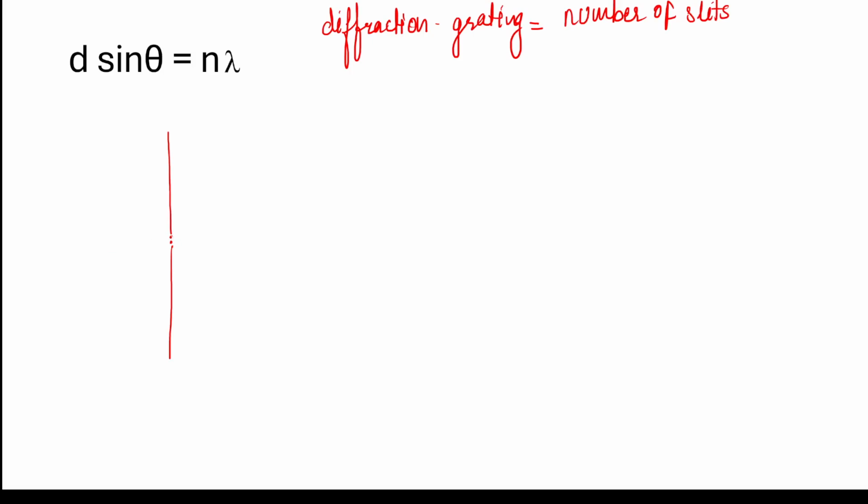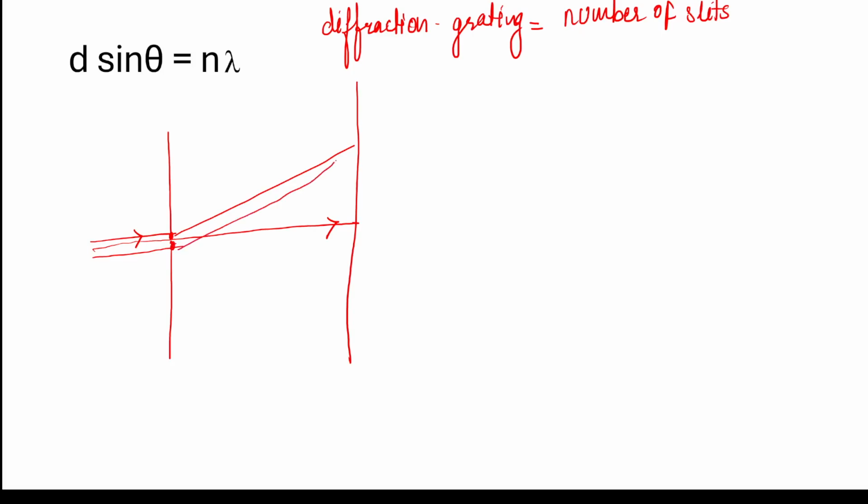So let's say, just for the sake of a clear diagram, there is a light ray entering this and it bends. Okay, and I have a screen here and the light ray which is entering at the center going straight, and the light ray which is here is, let's say, bending and reaching here.